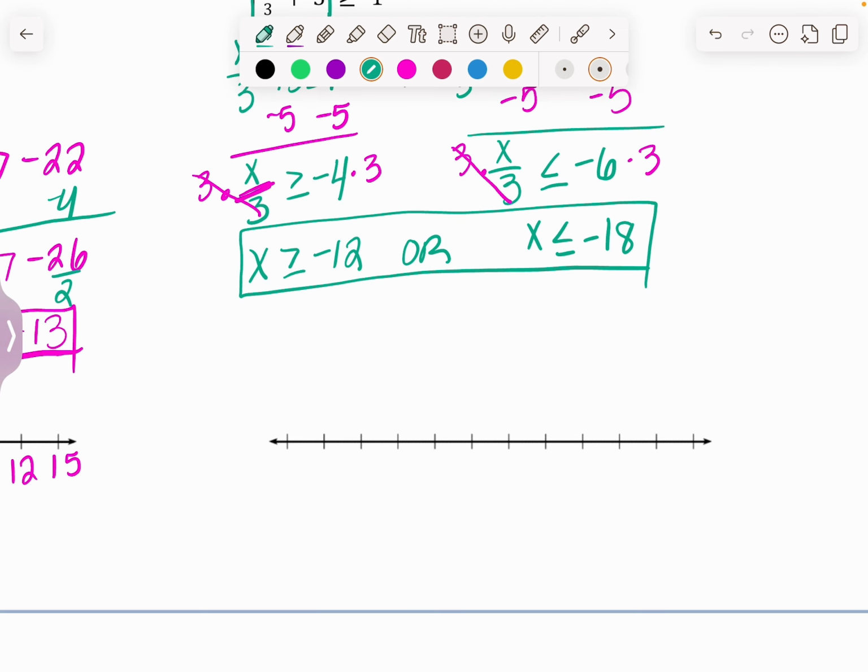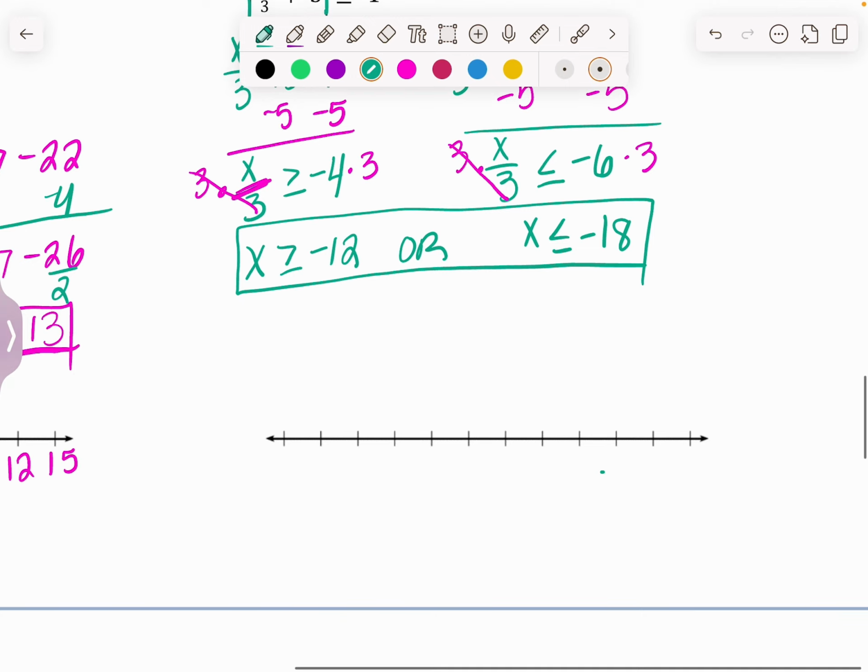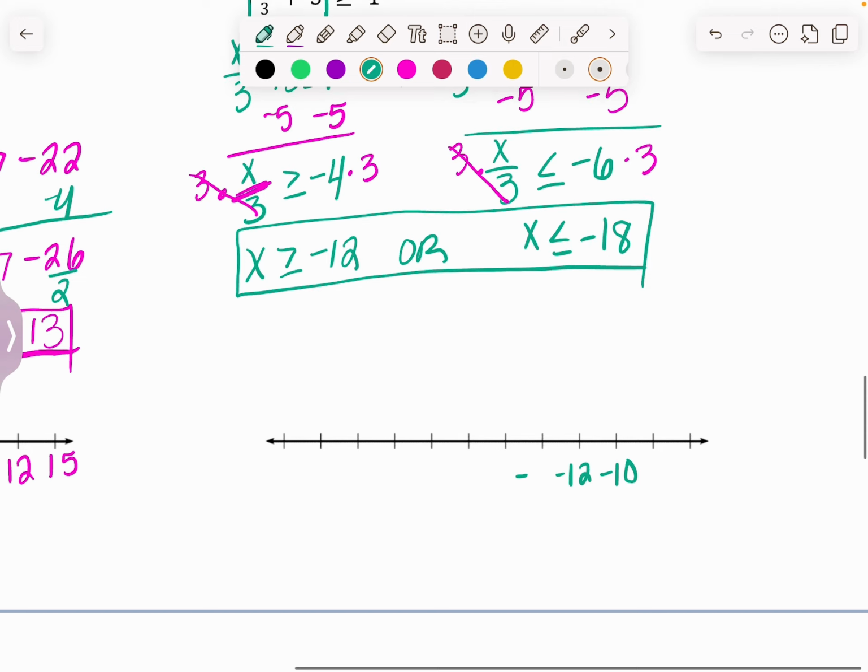All right, let's see. What should we count by? Well, -12 and -18 are actually fairly close together. So I think we can fit these on here if we are careful, and we start maybe at -10 right here, and then go -12, -14, -16, -18, -20, -22, and then it'll be like -8, -6, and you don't have to have 0 on there.